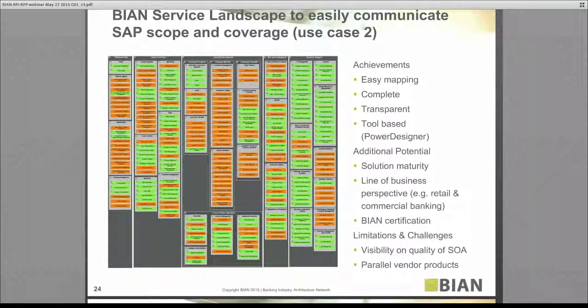The limitation with this approach, or challenges we have experienced so far, is that the first piece, and that is very, very important, is that the visibility on the quality of a service orientation, which is a sweet spot of SAP, for example, cannot be communicated via this approach.